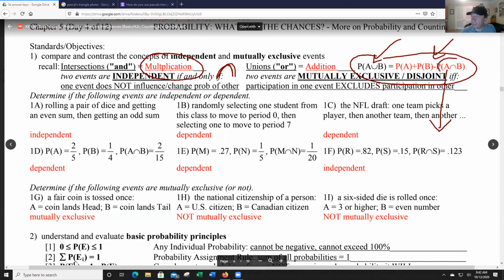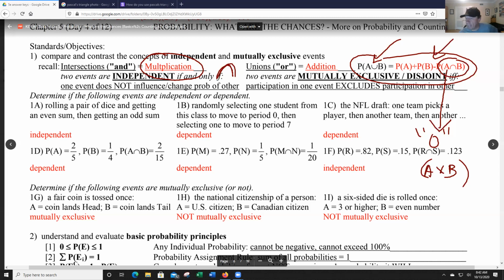This intersection can be one of 3 things. It can be 0 if the events are deemed to be mutually exclusive or disjoint, meaning they cannot happen at the same time. That intersection could be the product of A times B if the events are independent.